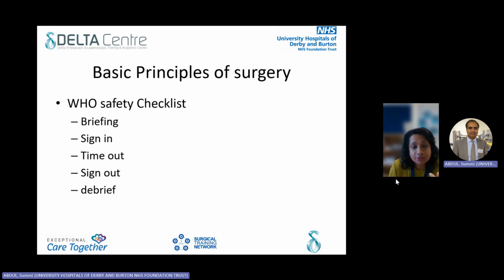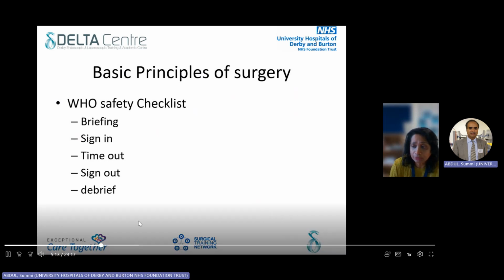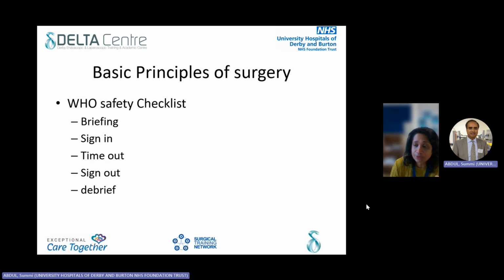You sign in when the patient comes in, so that you know what's being done, and you confirm that we're all in agreement with the proposed procedure. Any concerns can be raised. When the patient leaves, you sign out, and there is a general debrief at the end of the list to see what went well and identify any factors that need correcting.